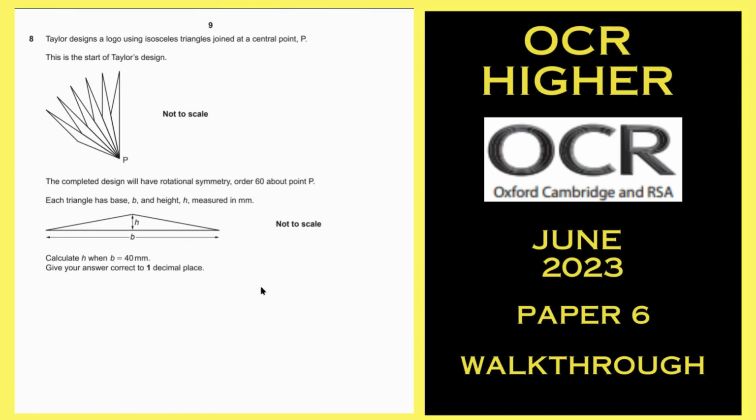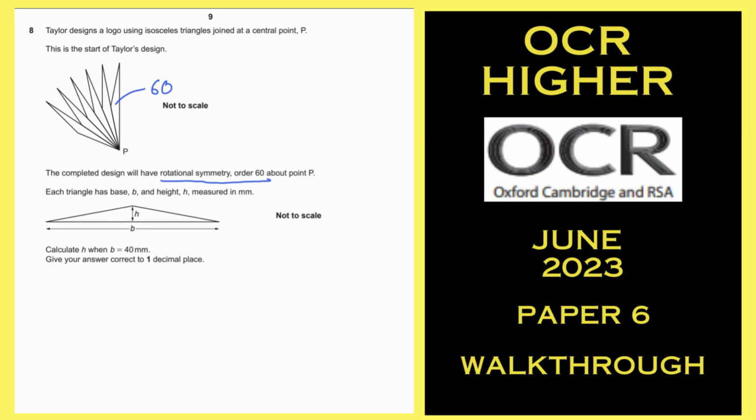Number 8, bit of a weird one, this one. Quite a strange way of explaining one particular concept in terms of rotational symmetry. So Taylor's doing a design like that, the key bit being, if it has rotational symmetry of order 60, that would mean that there are 60 of those triangles. There just has to be.